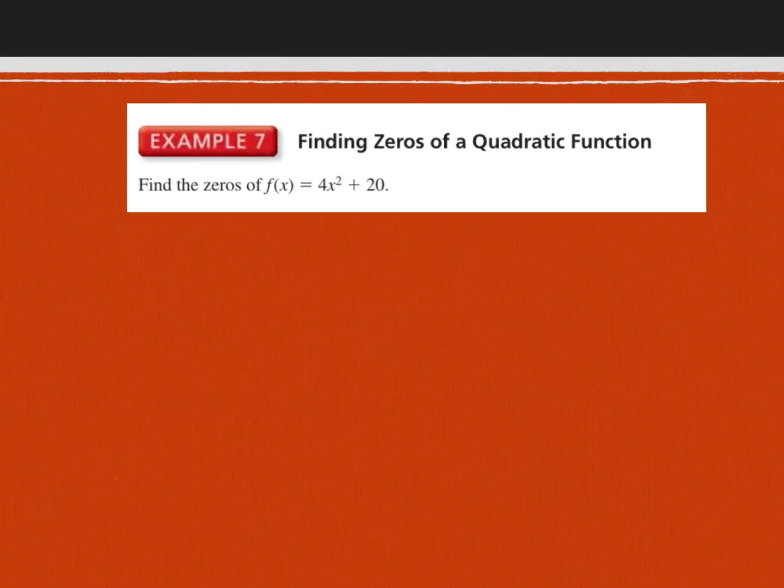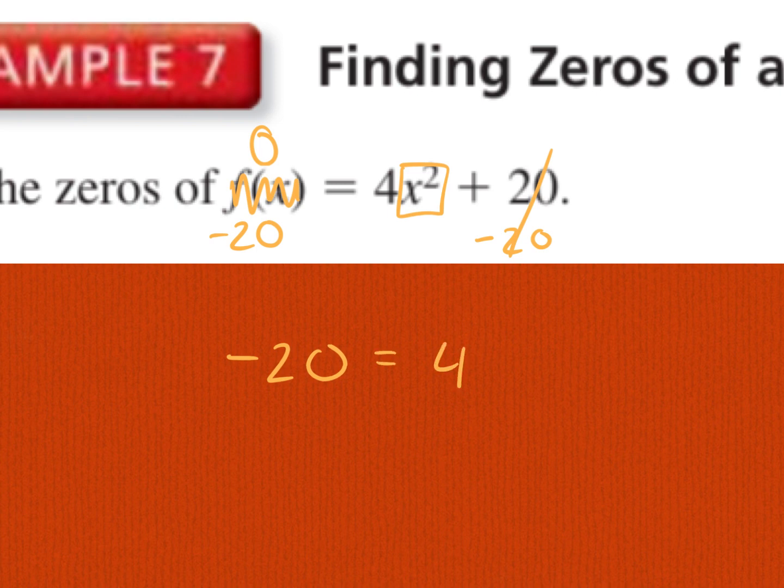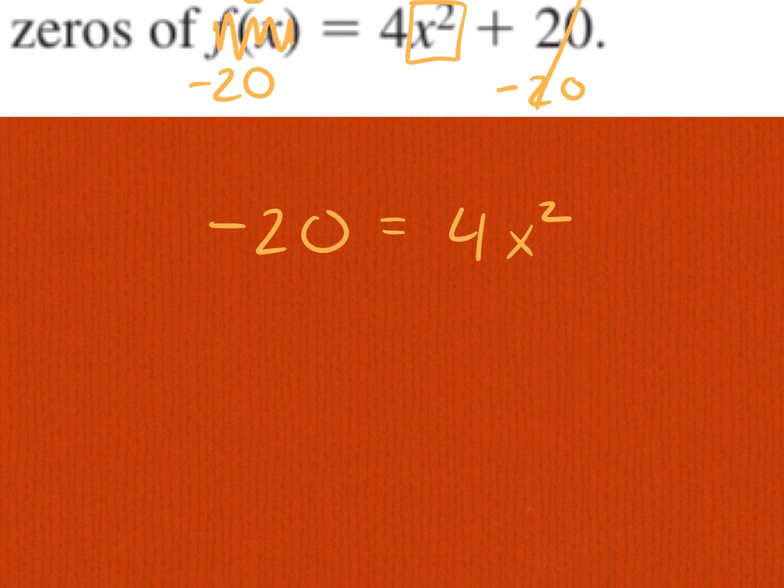On the next page, finding the zeros is the same thing that we were doing. We just changed the f of x to be 0, and we solve. So I want to get the x squared all by itself, so I have to move everything else to the other side. What would I move first? 20. So let's subtract 20. So we have negative 20 is equal to 4x squared. What do we do next? Divide by 4.